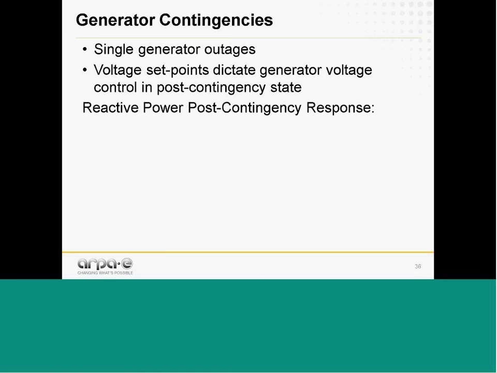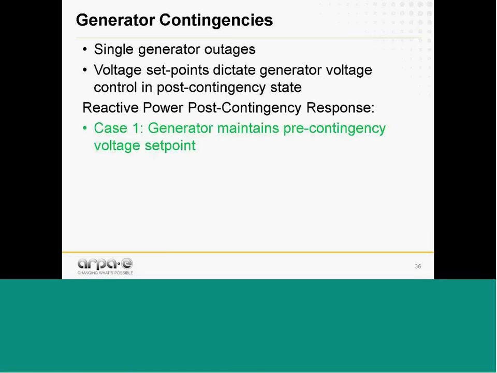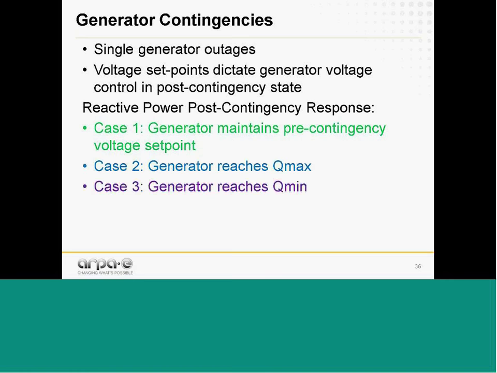Okay, so it's very similar here. There are 3 cases. You're going to maintain your voltage set point from the pre-contingency base case point in case 1, or you're only allowed to violate it if you've reached your Qmax or your Qmin, case 2 or case 3. So something happens in the network, my voltage starts to drop, I start injecting megavars into my bus to keep the voltage where it needs to go.